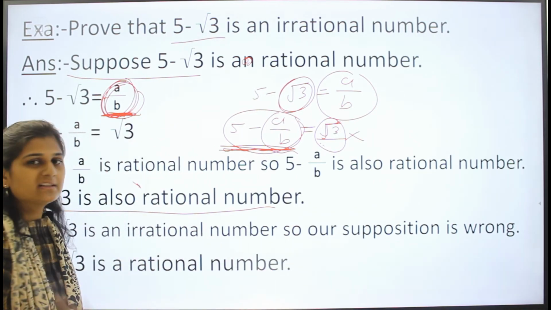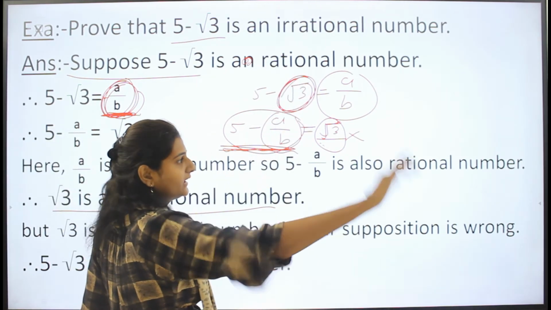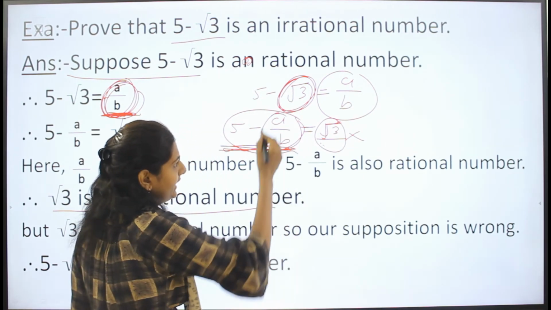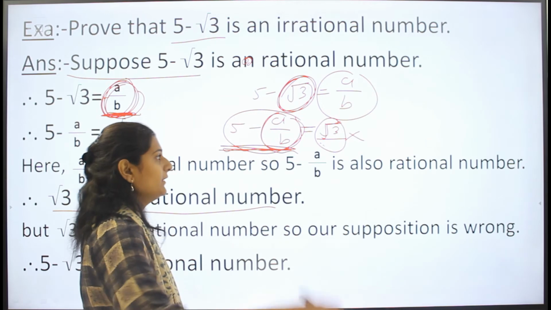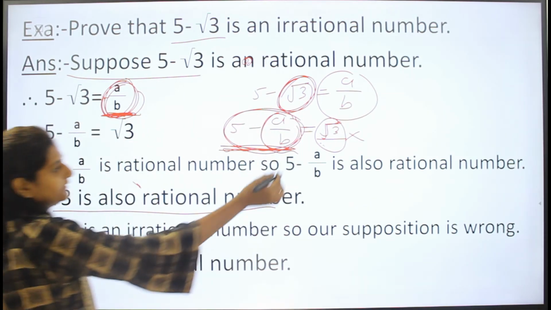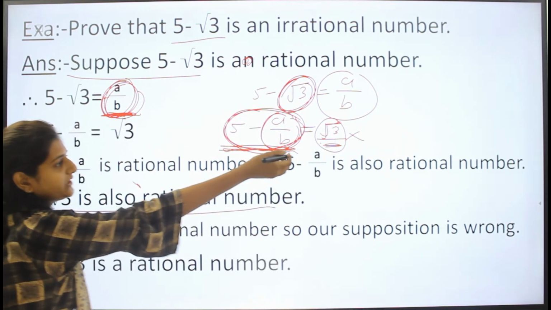Okay, so here the simple thing is, take the square root value to another side so that it is alone over there. Now here a upon b is rational, then 5 minus a upon b will also be rational, and this whole is equal to this one, that means this is also a rational number.